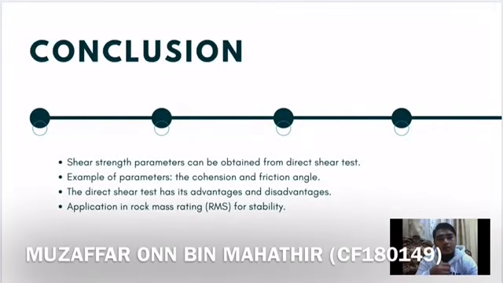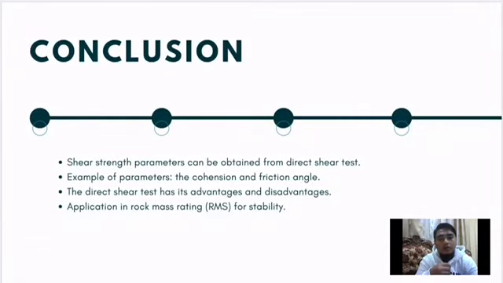Bismillahirrahmanirrahim. Assalamualaikum warahmatullahi wabarakatuh. Very good morning. To conclude this project, our group can determine the shear strength parameters of the soil, such as cohesion and friction angle. The direct shear test has a few advantages: it is simple, faster to operate, and gives a direct measurement of shear strength.